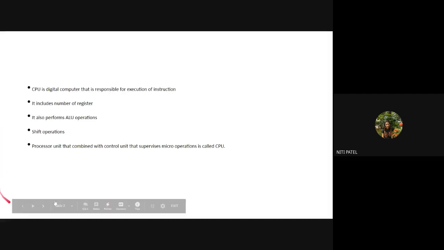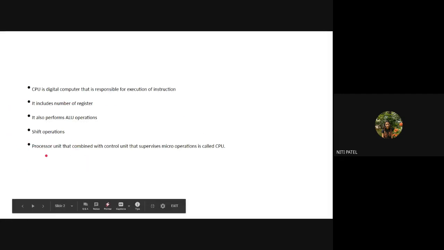The processor unit that is combined with the control unit and which supervises all the micro operations is called the CPU. Now, if you remember in the first chapter, we had done a diagram where the CPU was divided into different parts. We had the ALU, we had the control unit, and we had registers. So what is this CPU? It is nothing but a processing unit which is combined. Processing unit means the ALU part.